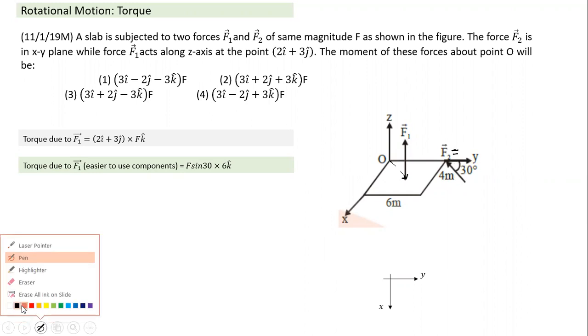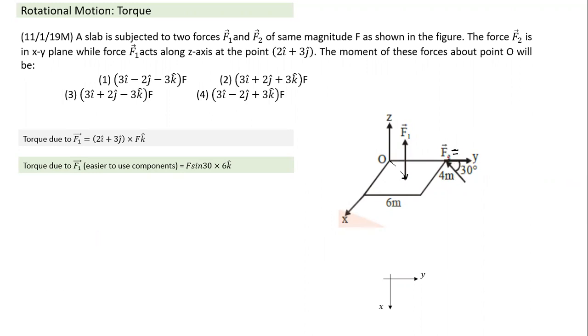The two components will become like this. One will be equal to F cos 30, which will act along the y-axis, and this won't create any torque. So the component acting along the y-axis will not create any torque. And the other component of the force in XY will be like this. How much will this component be? It will be equal to F sin 30.